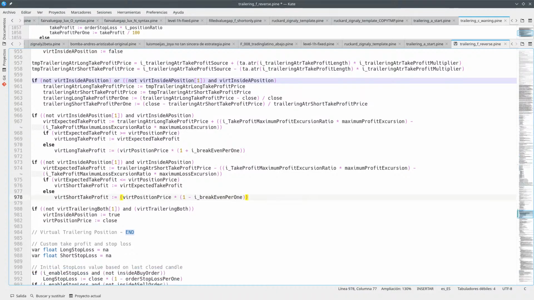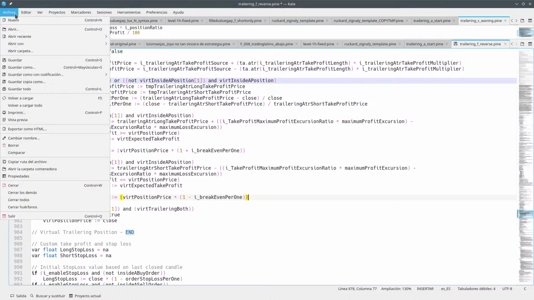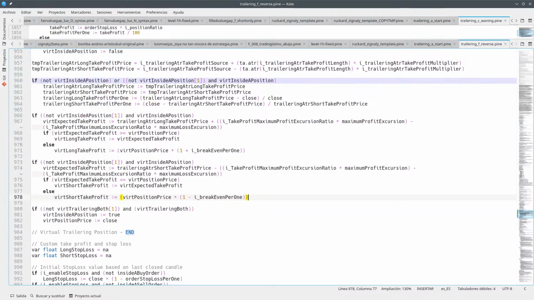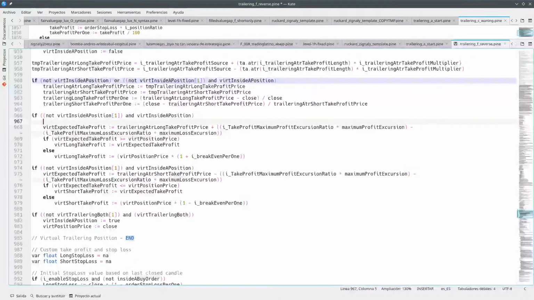Okay. So we should probably have here something like long, and here short.